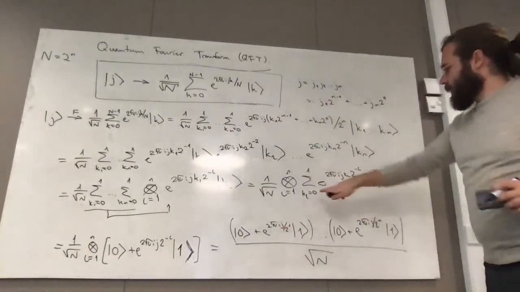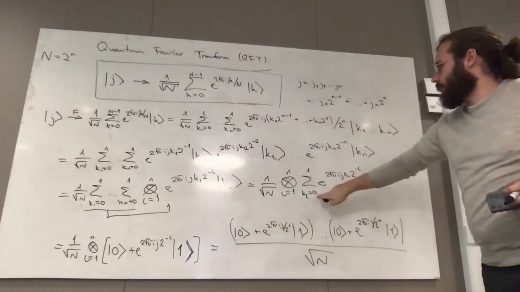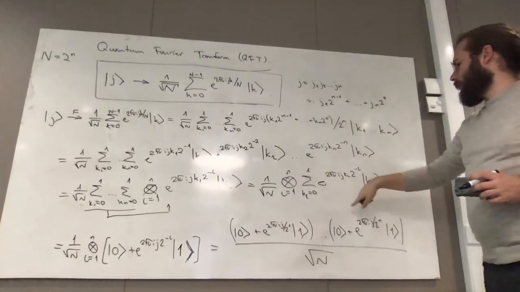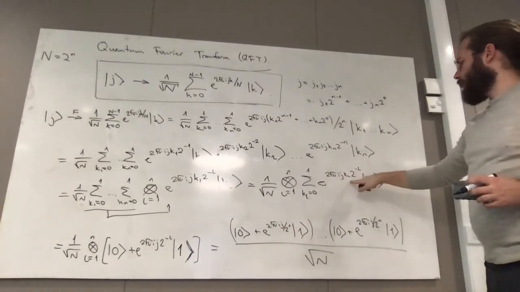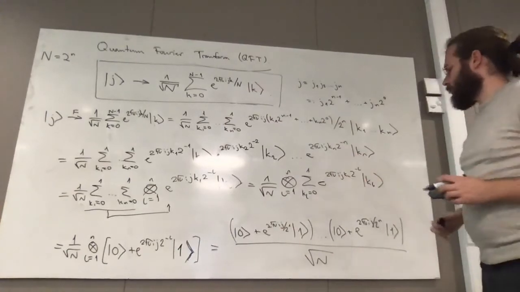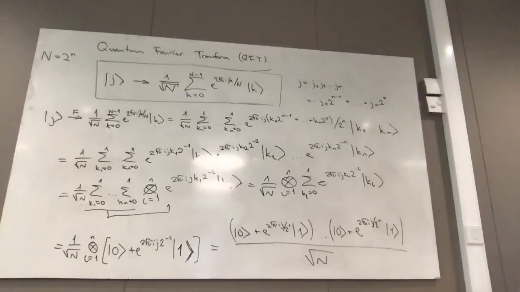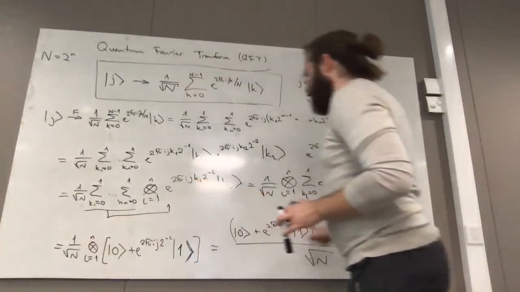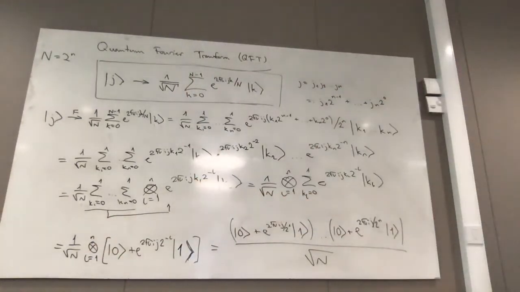Because we just calculate this sum, k_L equals 0 to 1. So that's just 2 terms, and one of them is without a phase, and for the other one you get this phase. And then I expand the product again, and we get all of these parentheses.